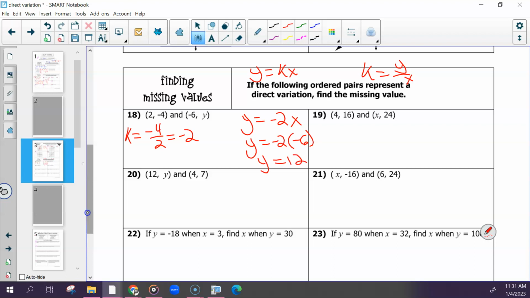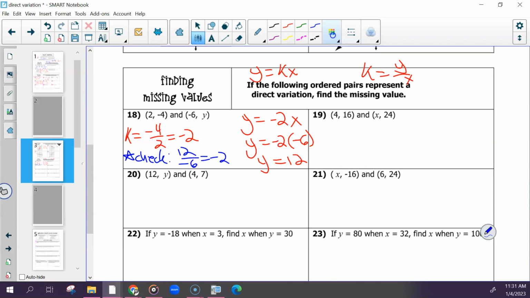A good check for these problems, for all of these problems, is to go back and see, does your k value still work here? So if I take 12 and -6 and I divide them, I should get the same k value.